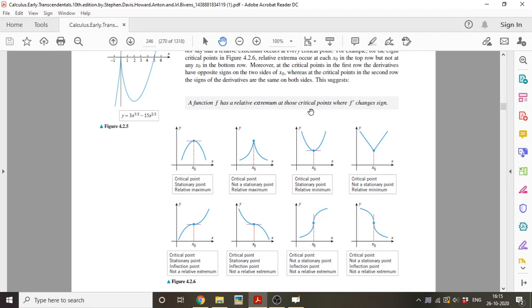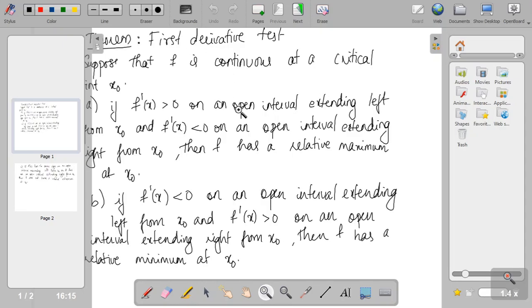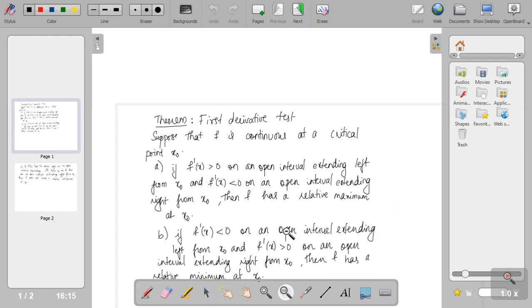So this is typically the first derivative test, and now we will look at the theorem for the first derivative test. The first derivative test states that suppose that f is continuous at a critical point x naught.